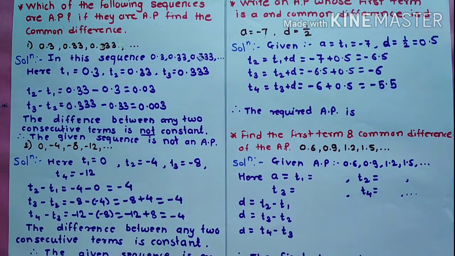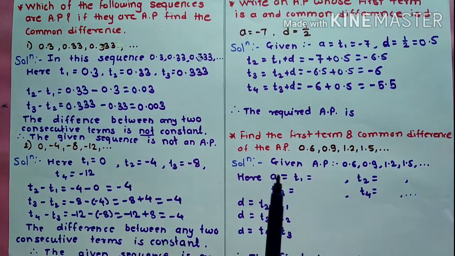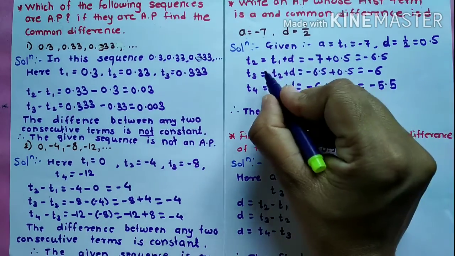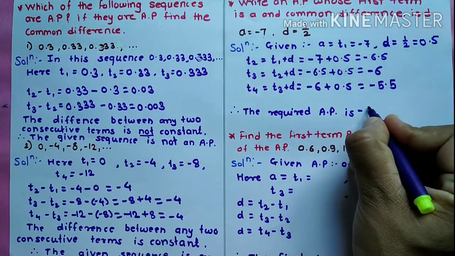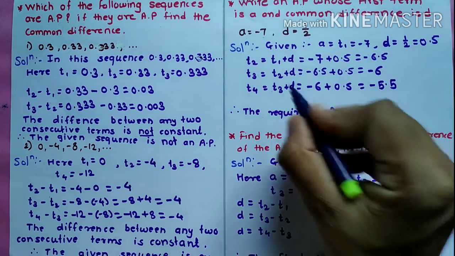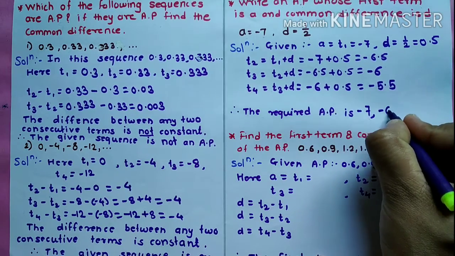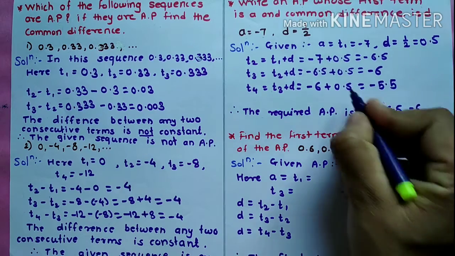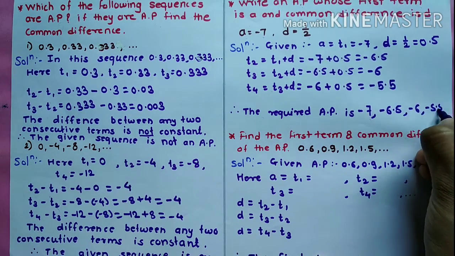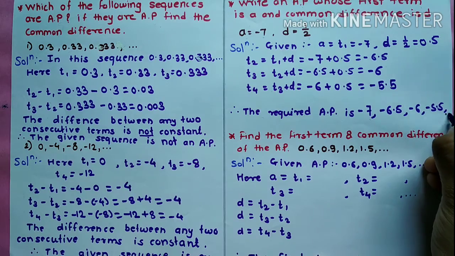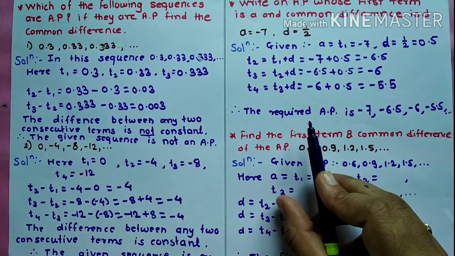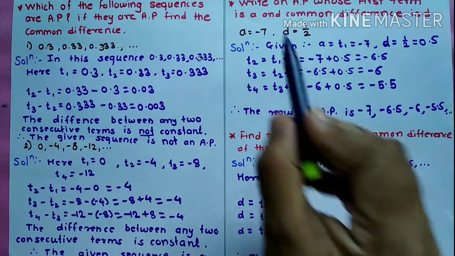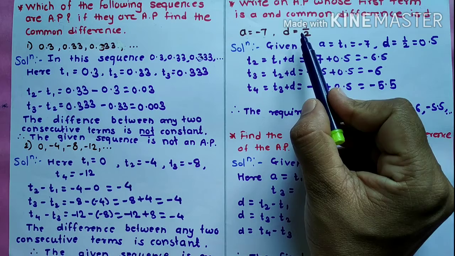In this way we can calculate the next terms. Therefore the required AP is: first term T1 is -7, second term T2 is -6.5, next term T3 is -6, next term -5.5, and so on. In this way we can calculate the required AP when the first term and common difference are given.